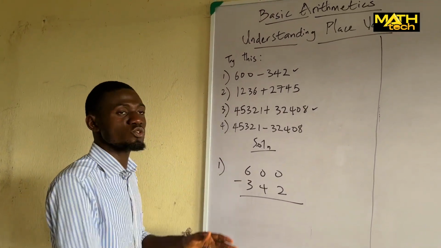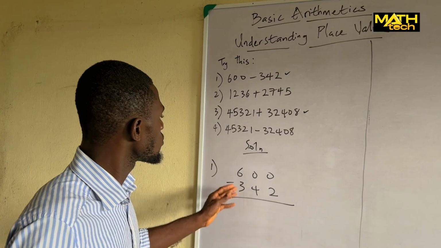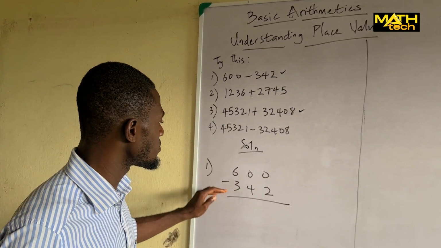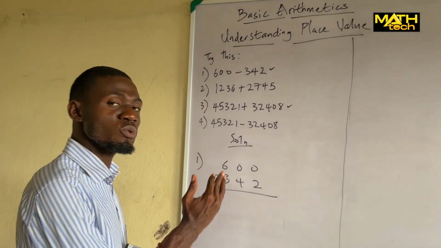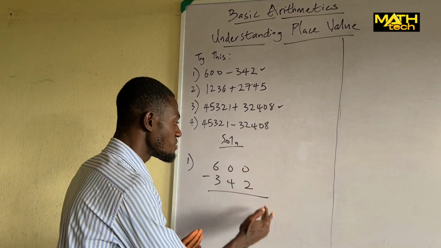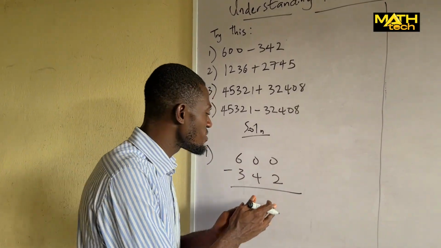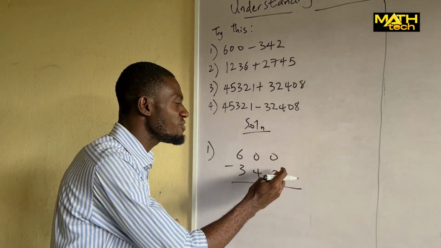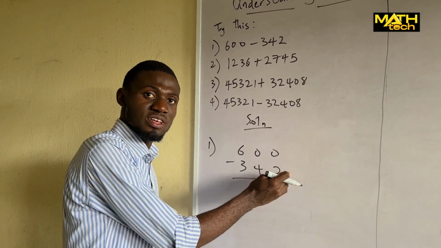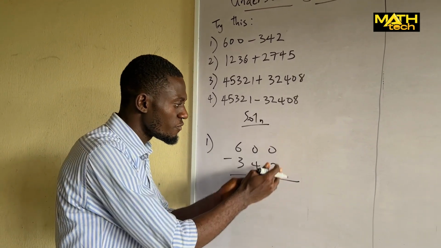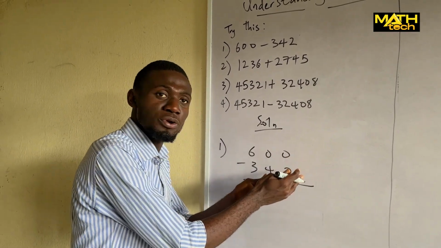So let's go straight to the calculation. Now, we are asked to subtract this from this. Don't forget I told you that our calculation must always come from the right hand side to the left hand side. Calculating from the right hand side, we have 0 minus 2 as the first values that we have to put our operation on.